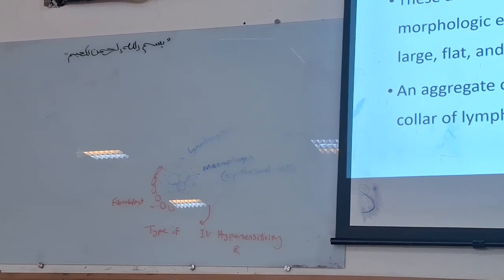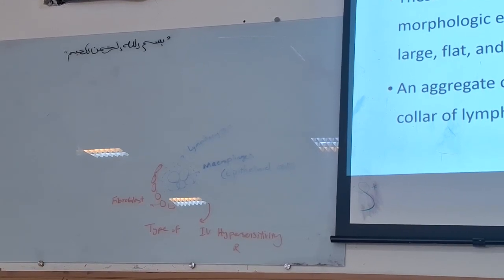When we see this structure in the tissue, an accumulation of epithelioid histiocytes in the center, around them a collar of lymphocytes, and around them fibroblasts, we call this granuloma.